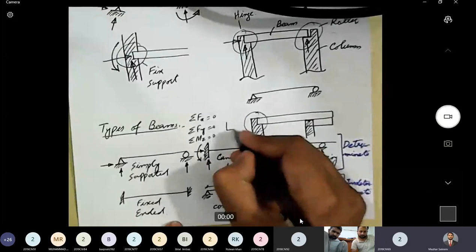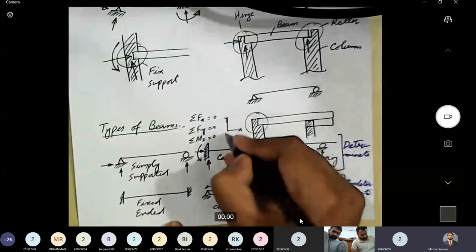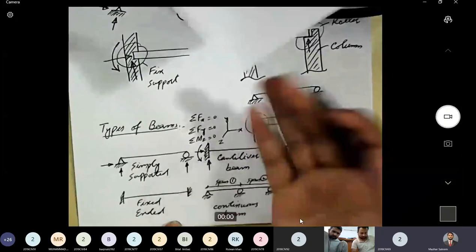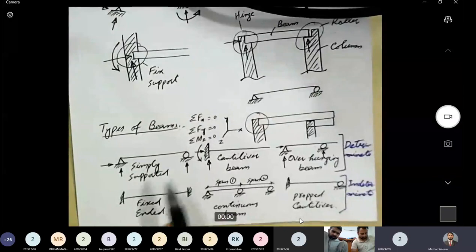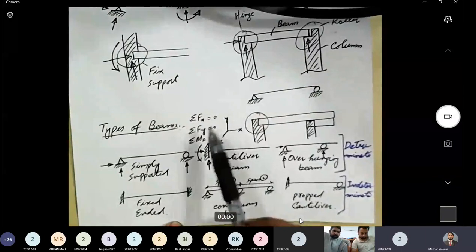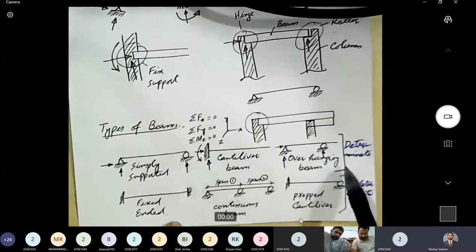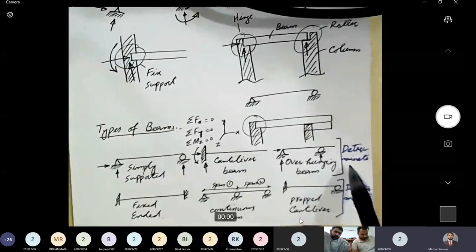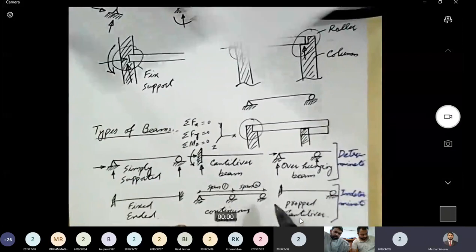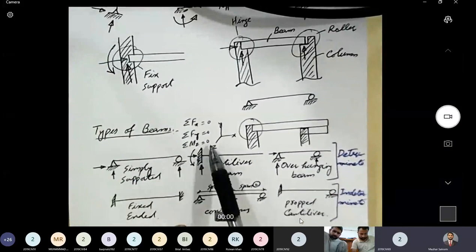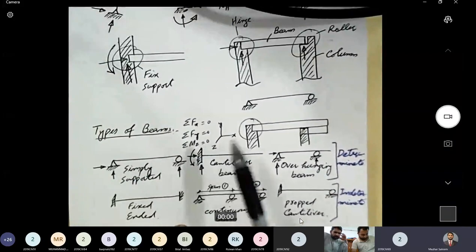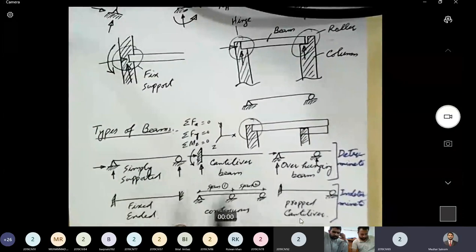In this case, the x-axis is here, the y-axis is here, and the z-axis is the out-of-plane axis. If any structure can be analyzed using these three conditions of equilibrium, that structure is termed a determinate structure. And if any structure cannot be analyzed using these three conditions, that structure is an indeterminate structure.